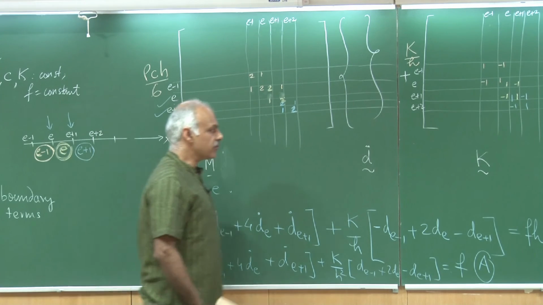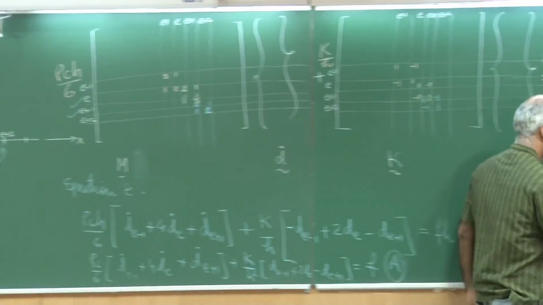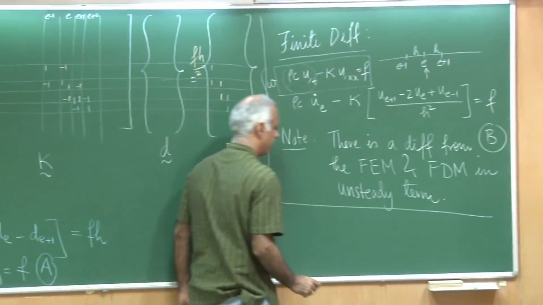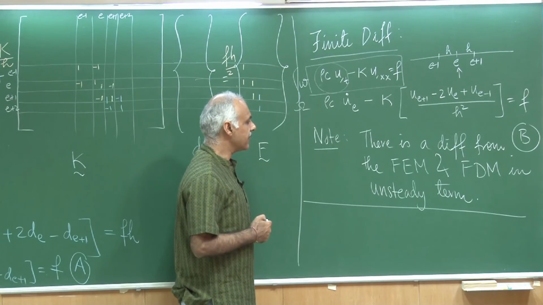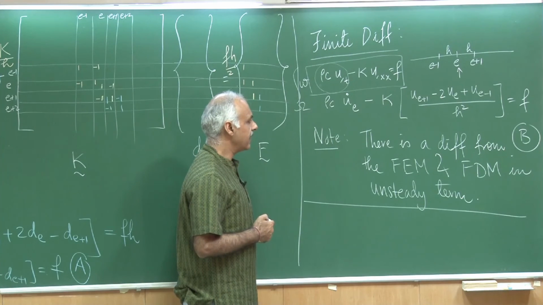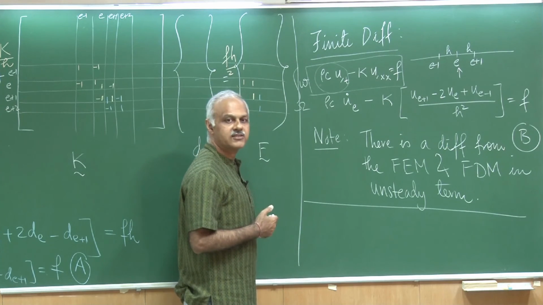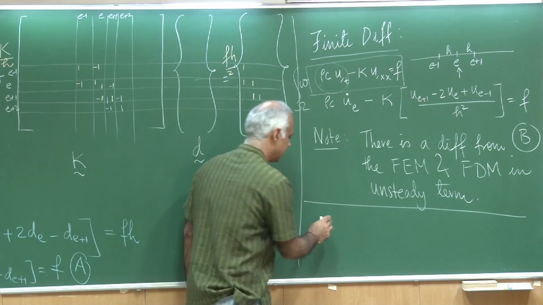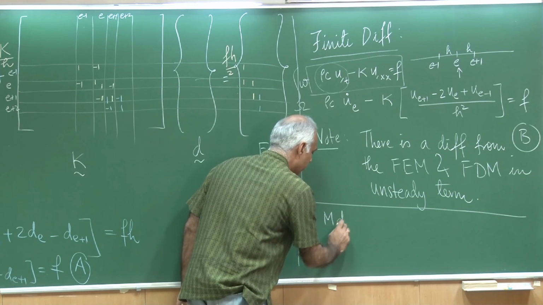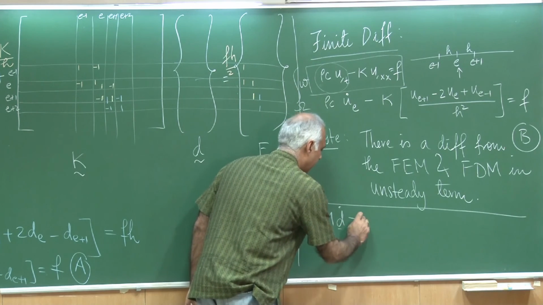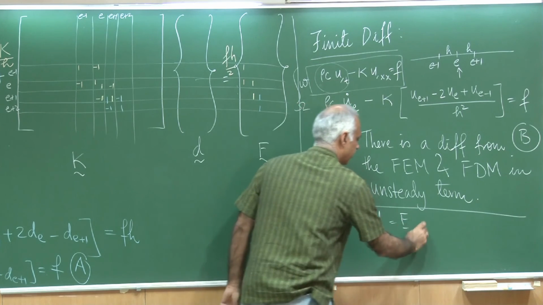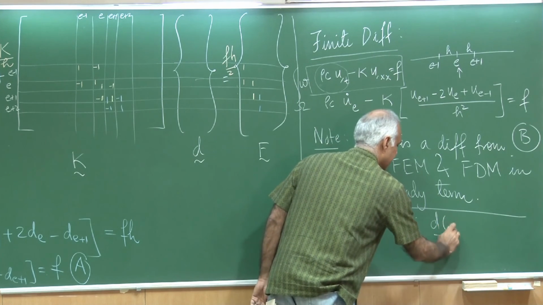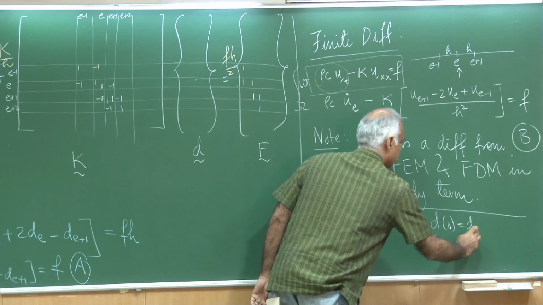The next step then would be the following. So, now that I have illustrated to you how a typical assembly process looks and what it does to the element level matrices, we will now set out to solve this problem, M d dot plus K d equal to F, with the initial condition that d at time 0 is d0.